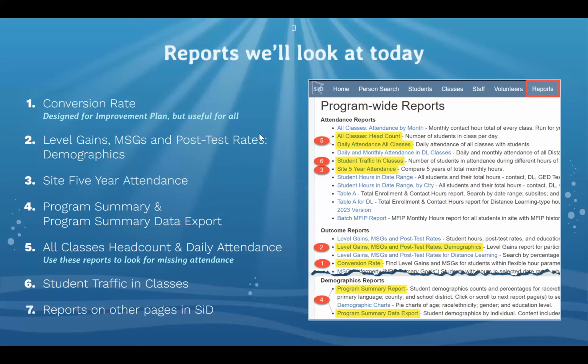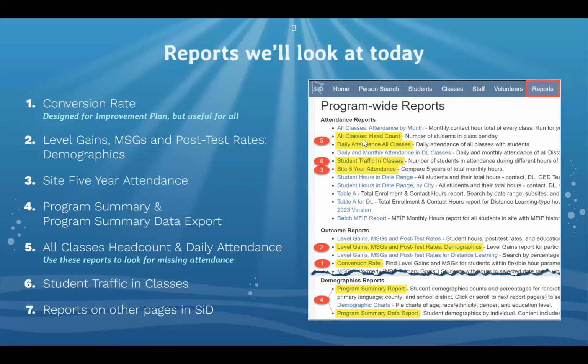You should all be familiar with SiD, and when you log into SiD, on the reports tab, this page is a long list of about a gazillion reports. We like to keep our reports organized into different themes.